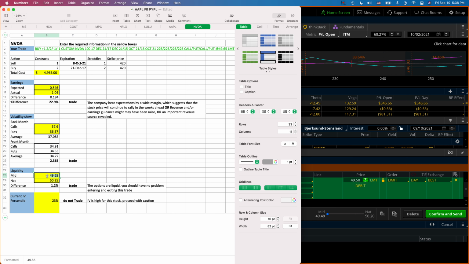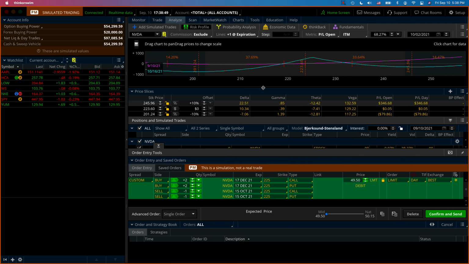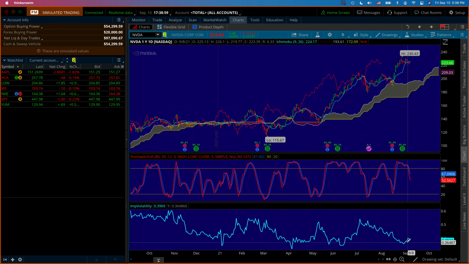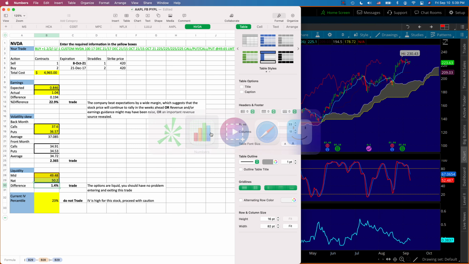Let's enter exactly what we have, 49.48 versus 50.2, 1.4%. And then the current IV percentile is 23. Let's go to the trade tab. Let's confirm that, and 23%. That's a little high, but not by much. It's at the lower end, so we're not going to get a volatility crush, I don't think.